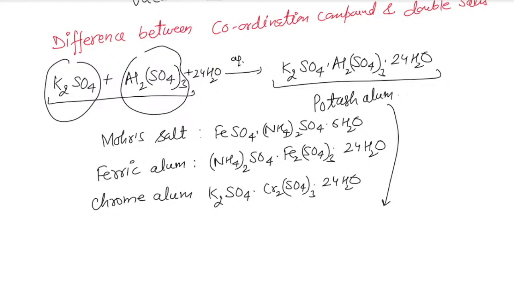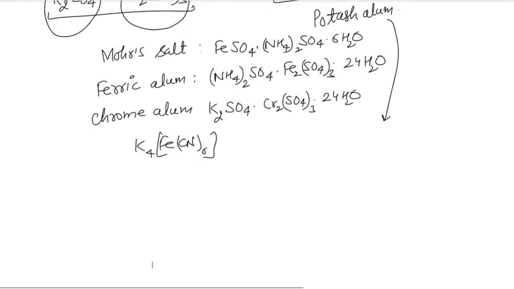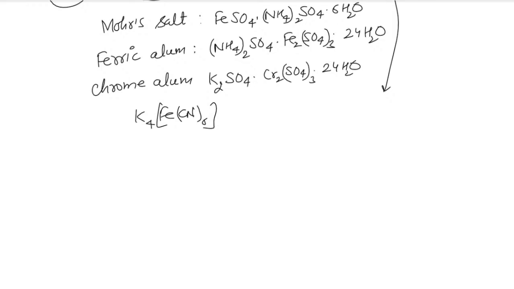In the same way, we prepared this one, potassium ferrocyanide, okay, but it gives characteristics of all the ions that are released in aqueous solution. So in potash alum, you know, this is potash alum. So potash alum gives test of each ion.